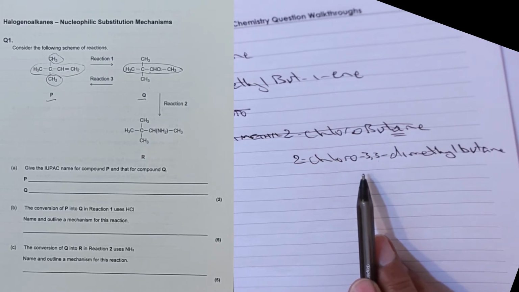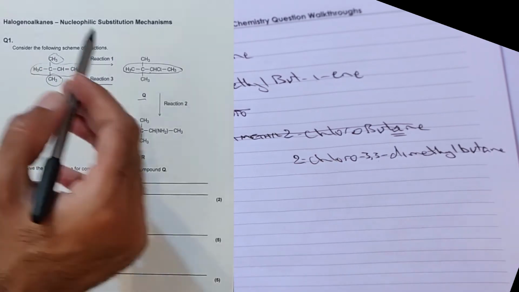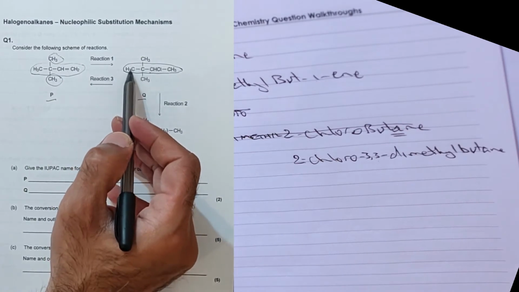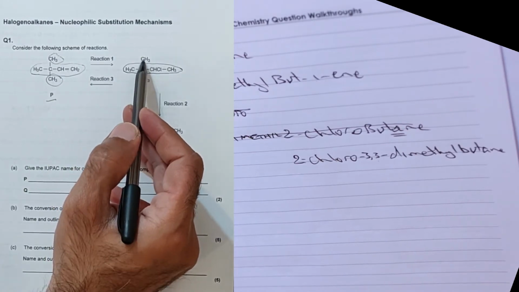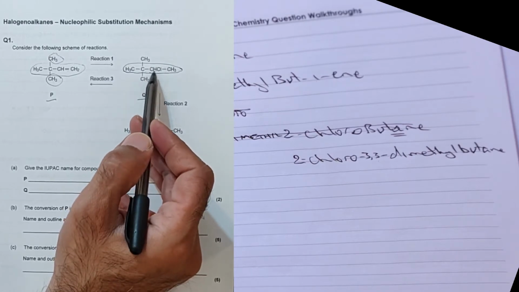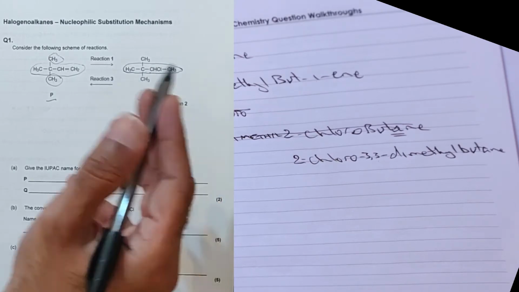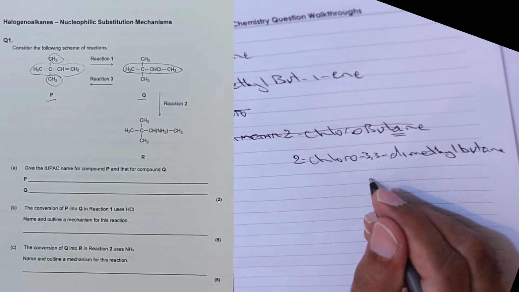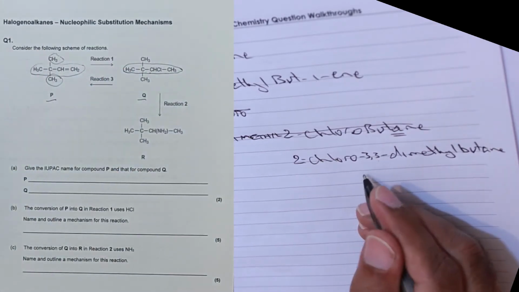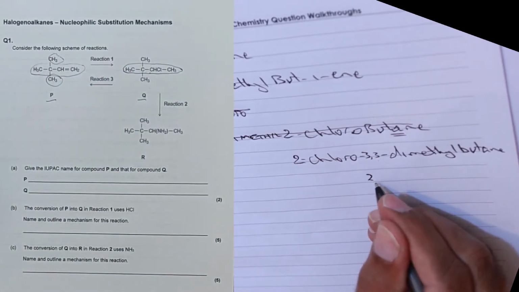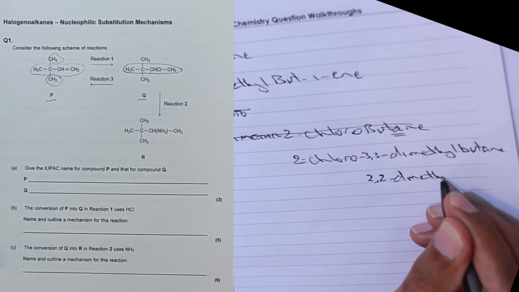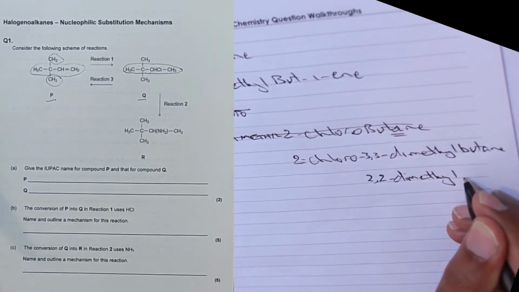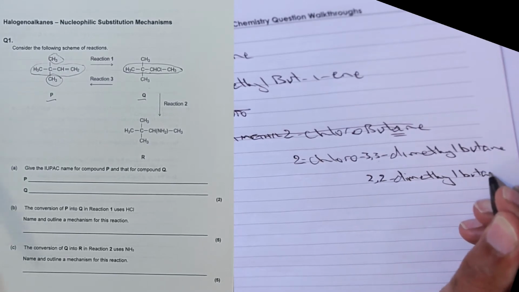Okay, so now what if I count from this side? So that is number 2. So I'll get 2 dimethyl 3 chlorobutane. So I'm going to get this. So if I count from this side, my numbering will be 2 dimethyl butane.